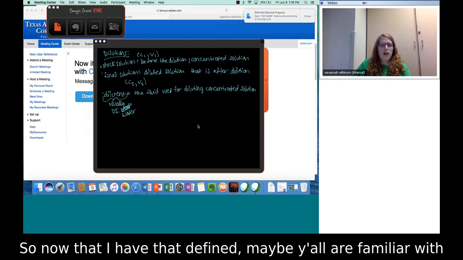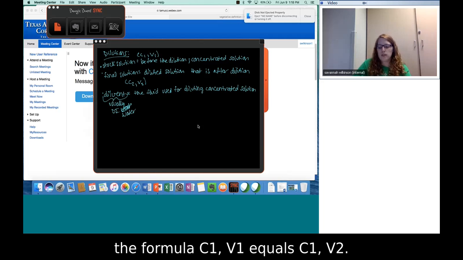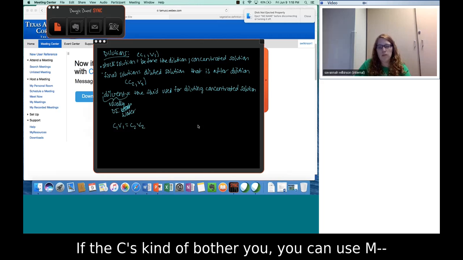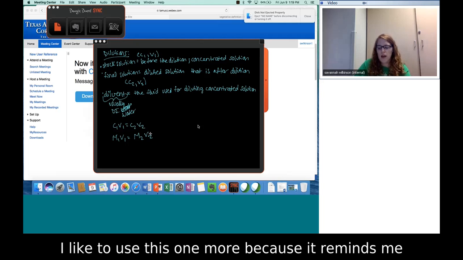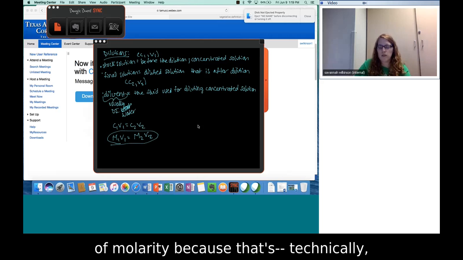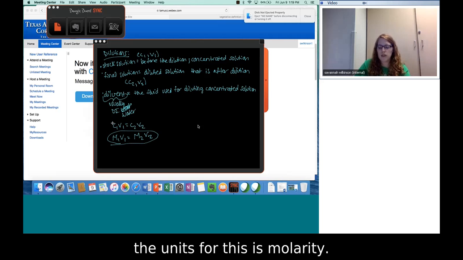Okay. So now that I have that defined, maybe y'all are familiar with the formula C1V1 equals C2V2. If the C's kind of bother you, you can use M, like M1V1 equals M2V2. I like to use this one more because it reminds me of molarity, because that's technically the unit for this.